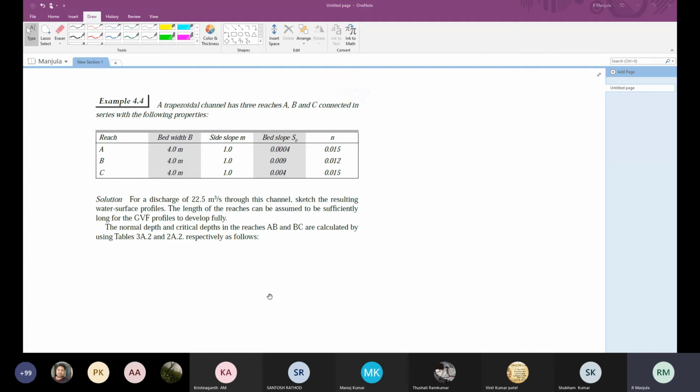Already I have seen the tables. Table 3A, which gives you the different values of phi and different values of eta naught.